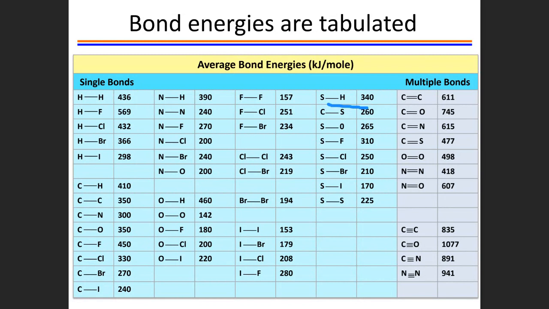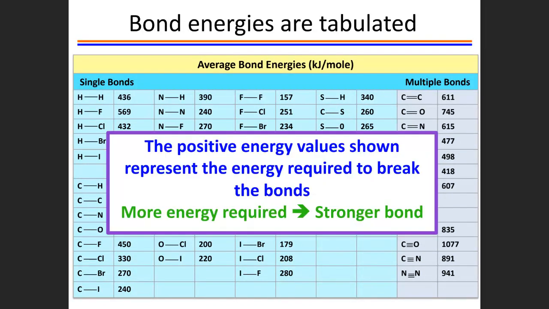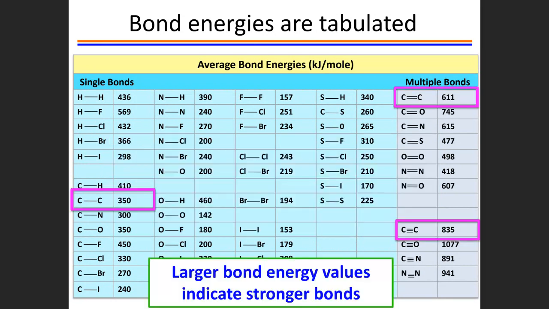The positive energy values shown represent the energy required to break the bonds. The more energy required, the stronger the bond. So a larger bond energy value indicates a stronger bond.